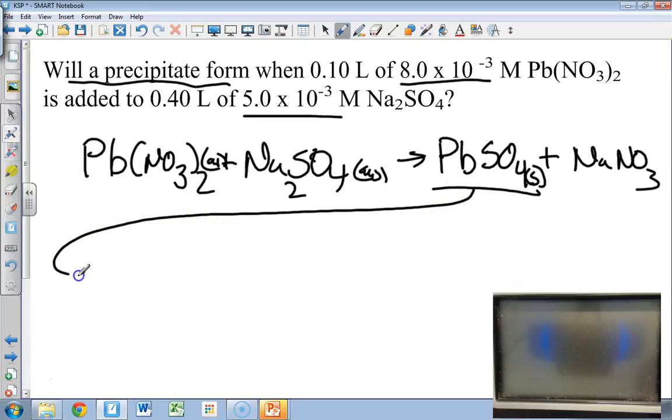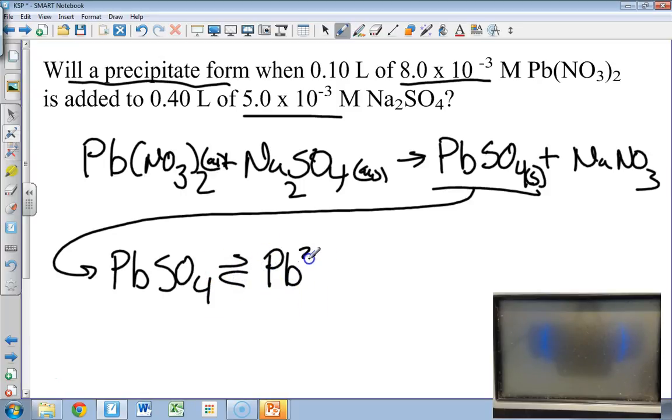So what we want to do is take this and know how much lead sulfate there will be once we do the reaction. Okay.